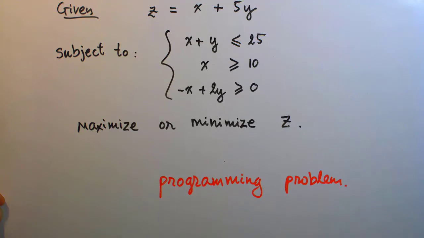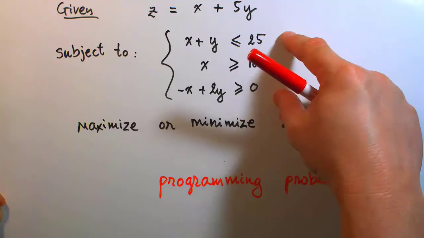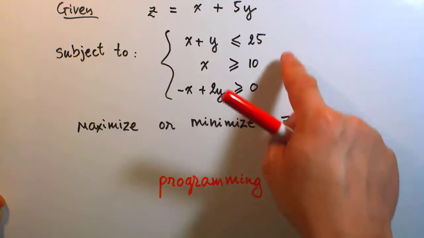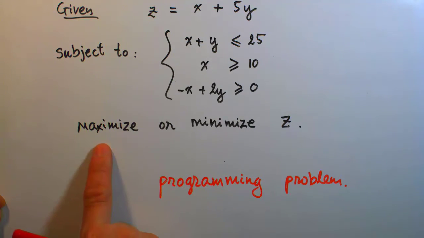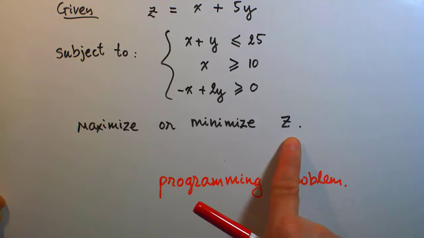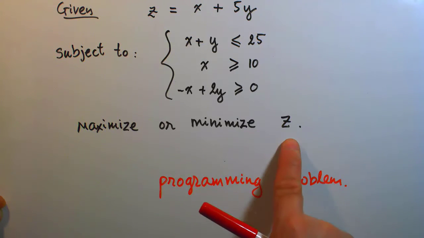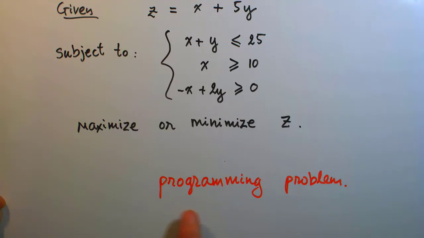So anytime you're working on a problem where you have a given function, furthermore with a given list of constraints right here, together existing as a system of inequalities, and we are asked to either maximize or minimize, meaning finding the highest or largest or lowest value of your output function, then that kind of problem altogether is referred to as a programming problem.